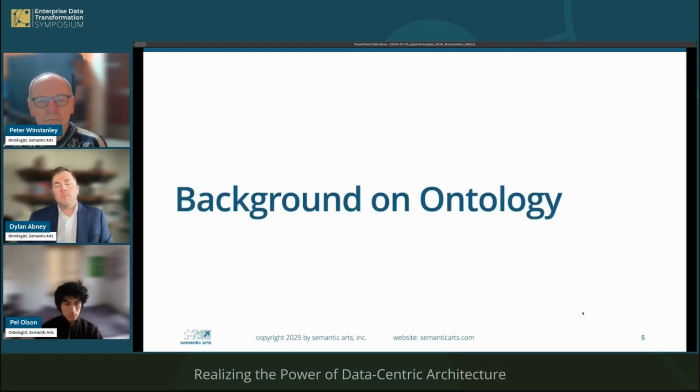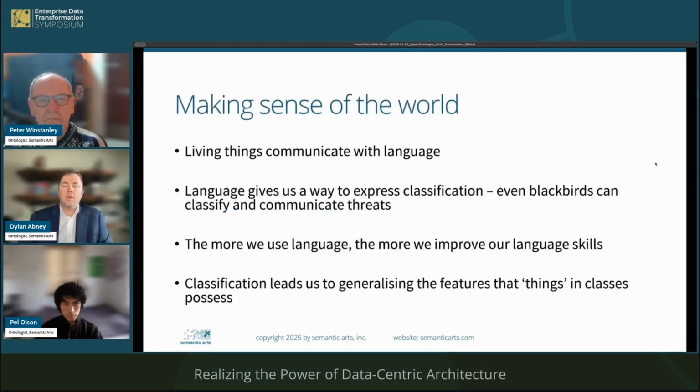Okay, so starting with some background on ontology in general. Here, we wanted to start by thinking about how we tend to make sense of the world. As living things, we communicate with language, and language gives us a way to express classification. We can start to group things under different terms.